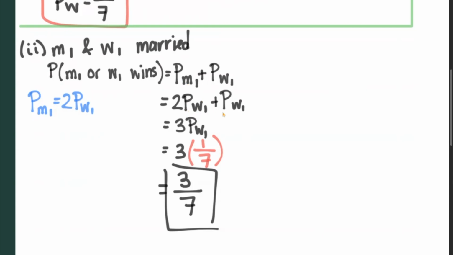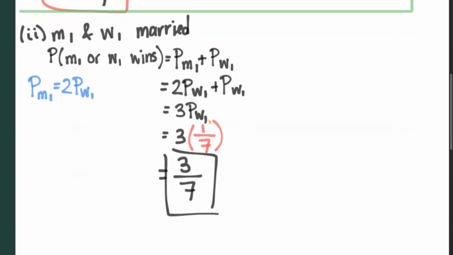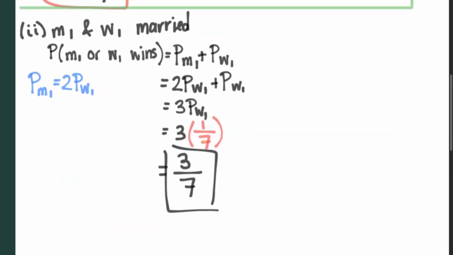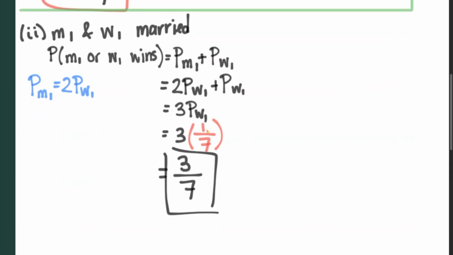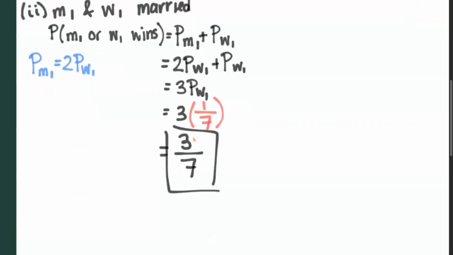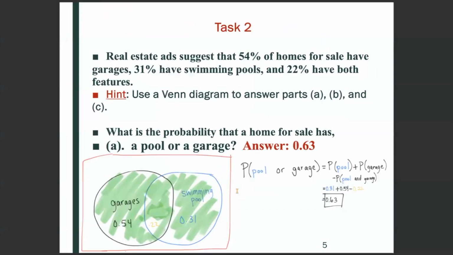So that would be 3 times PW1. And as we discussed earlier, the probability of woman 1 winning is 1 over 7. So we would have 3 times 1 over 7, which is 3 over 7. So for both part 1 and part 2 of task 1, the answer is 3 over 7.